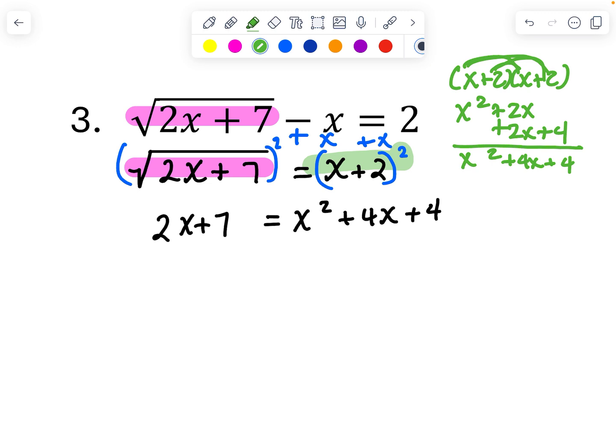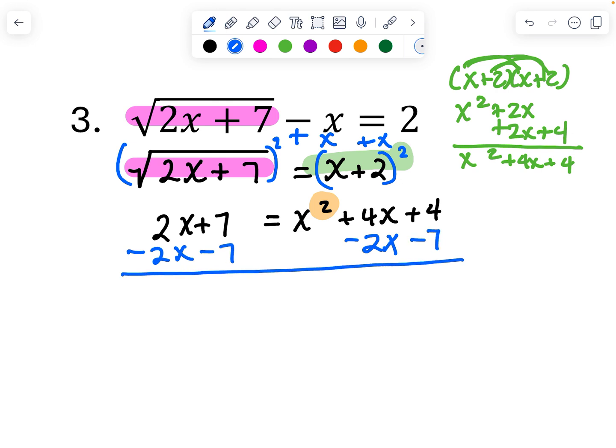Okay, now I'm going to notice this, friends. I have a quadratic. And because I have a quadratic, I'm going to follow the directions for solving quadratics. To solve quadratics, you want it equal to 0. So I'm moving this side because I want my x squared to be positive. If you don't want your x squared to be positive, then move everything the other way.